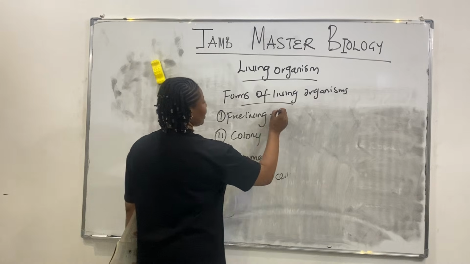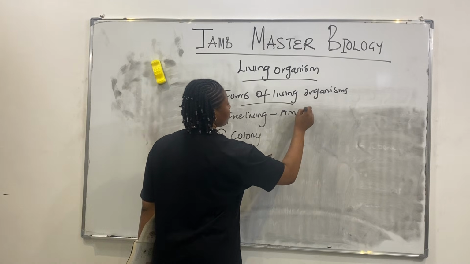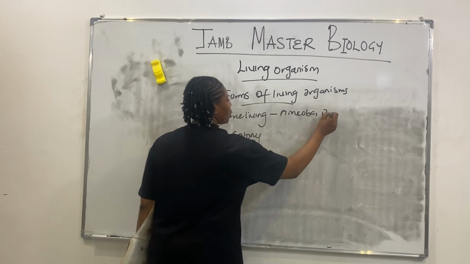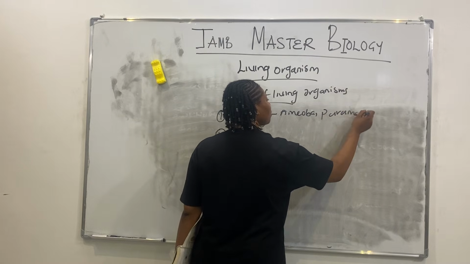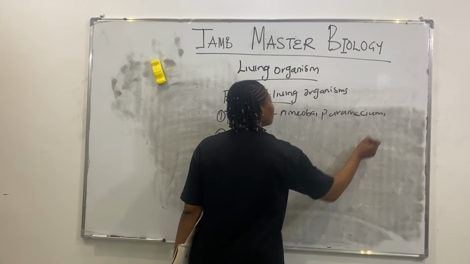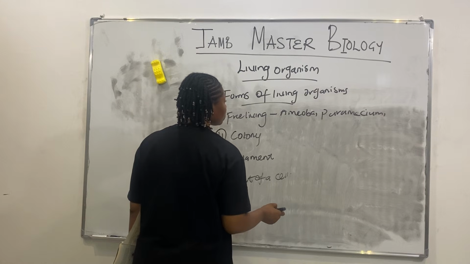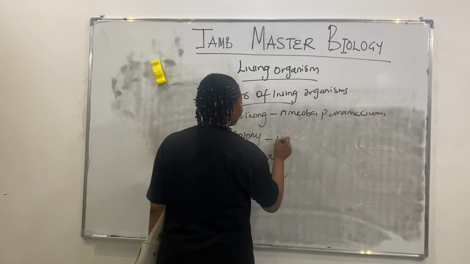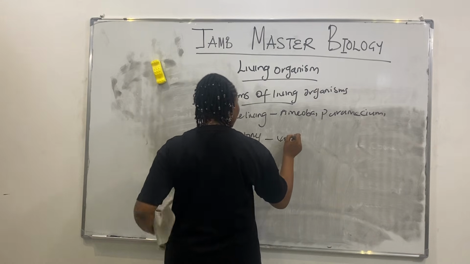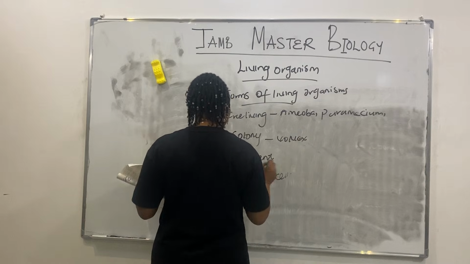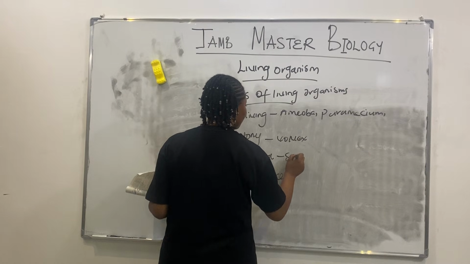Example of free living, we have amoeba, paramecium. Under colony we have volvox, right? Filaments, spirogyra.